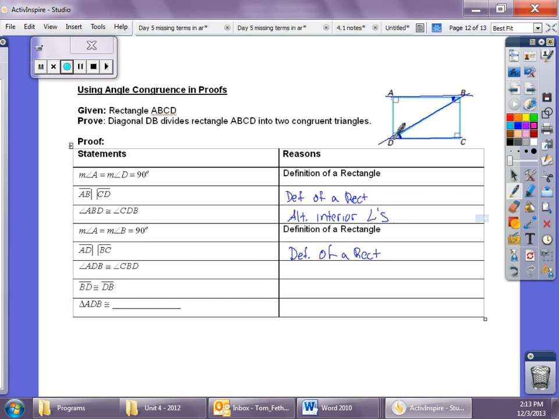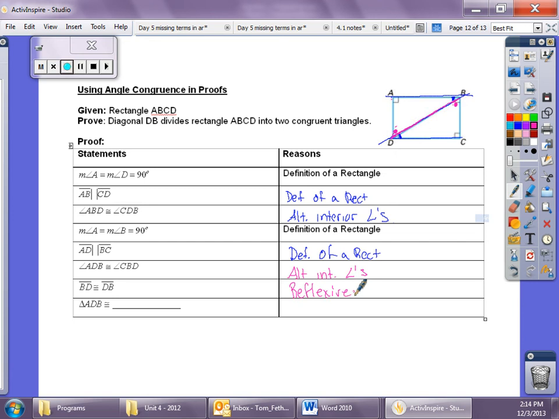So ADB, that's this angle, is congruent to angle CBD, parallel lines cut by a transversal, alternate interior angles. BD is congruent to DB, that's this line right in here. Reflexive property means it's just congruent to itself.